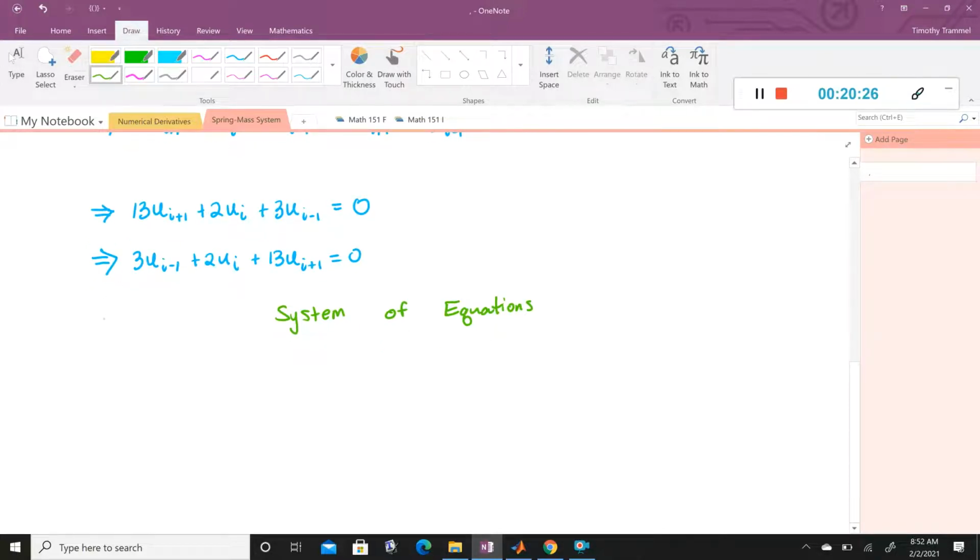All right, so the first and last equation are going to be a little bit more complicated than all the ones in between here.